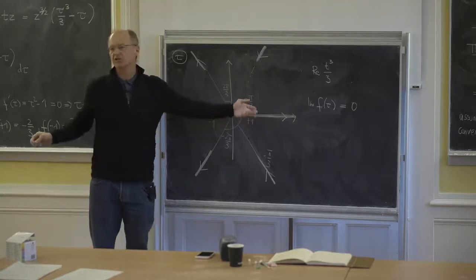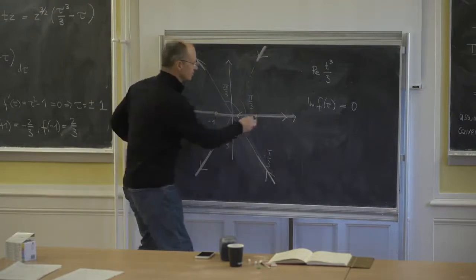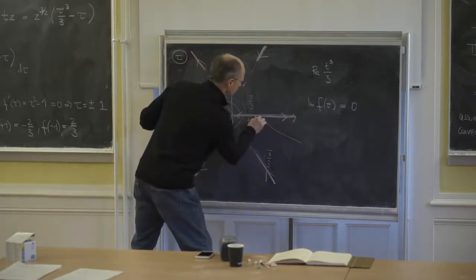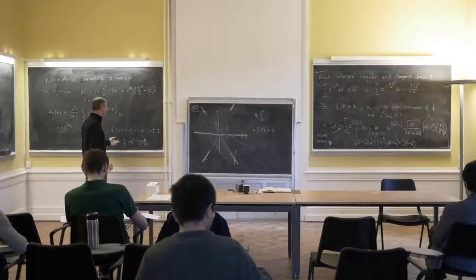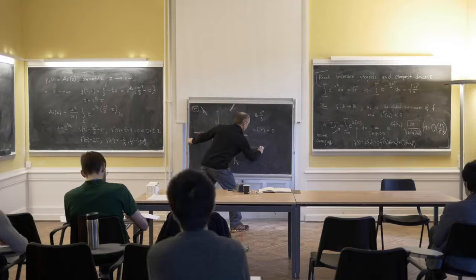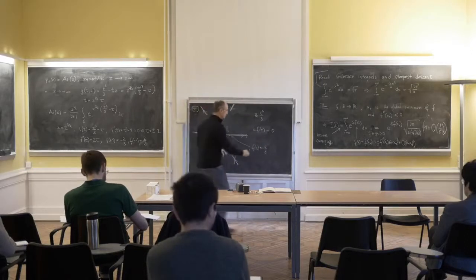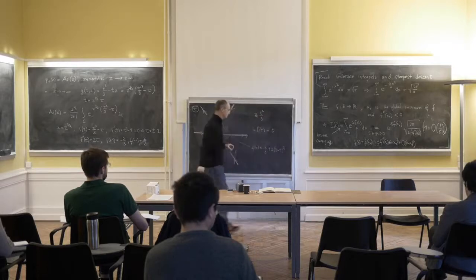Now, what happens at those points? Remember, we're dealing with a complex variable. So for instance, around here, the first term of the Taylor series is: f of tau is equal to minus 2/3, the value at plus 1, plus 2 times tau minus 1 squared.